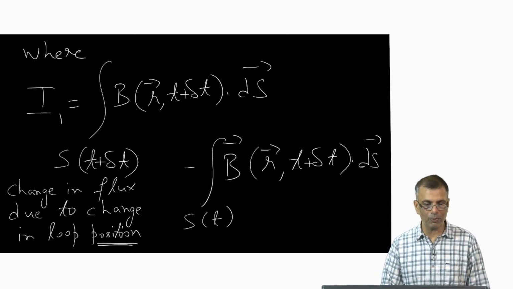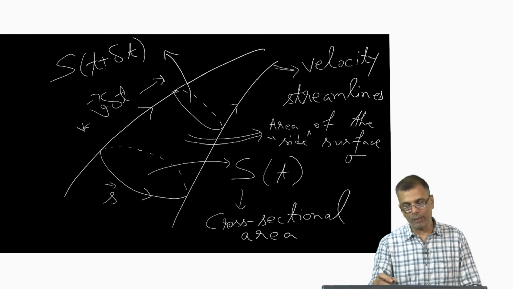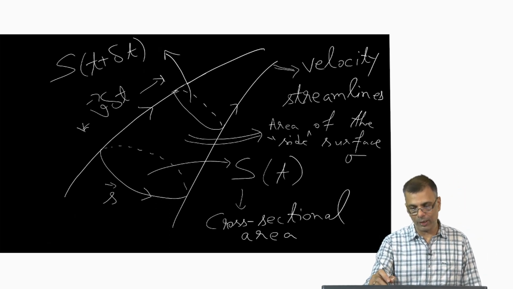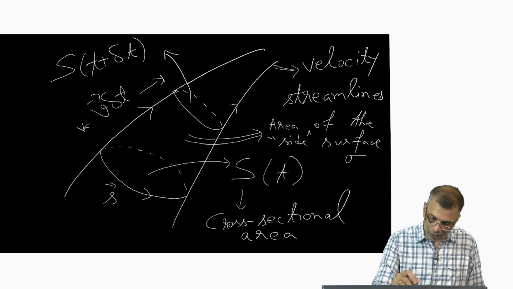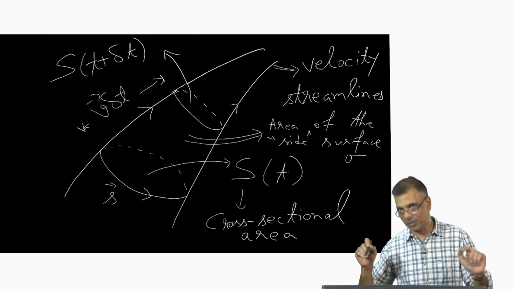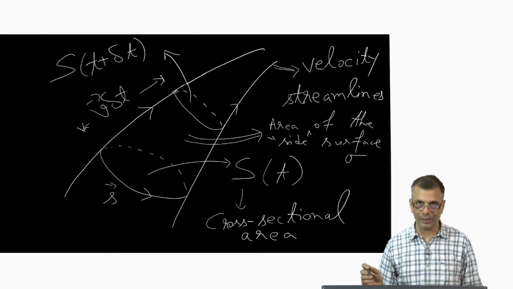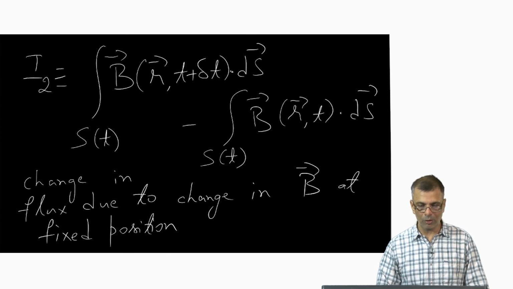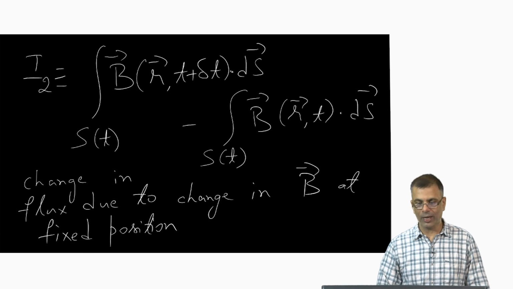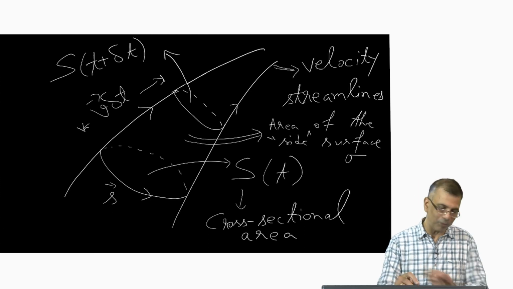And so the interpretation there would be I am taking the magnetic field here, and I am using the same magnetic field for this cross section area, although technically that is not correct, but we will see that it all cancels out. For I2, what I'm doing is keeping the loop position fixed at S of t. In other words, I'm not changing the loop.